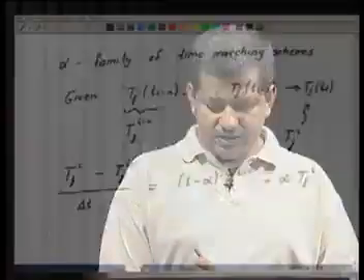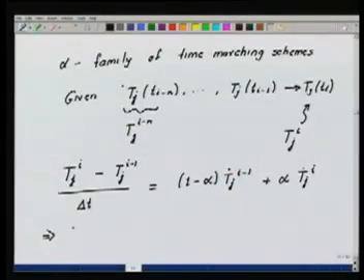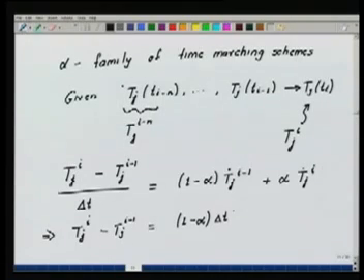So now, if I do this, it implies that T_j I minus T_j I minus 1 is equal to 1 minus alpha delta t into T_j dot at I minus 1 plus alpha delta t T_j dot at station I.